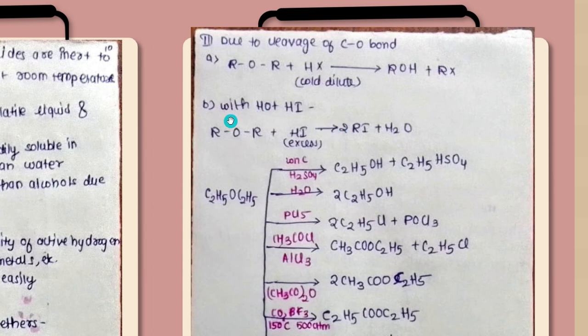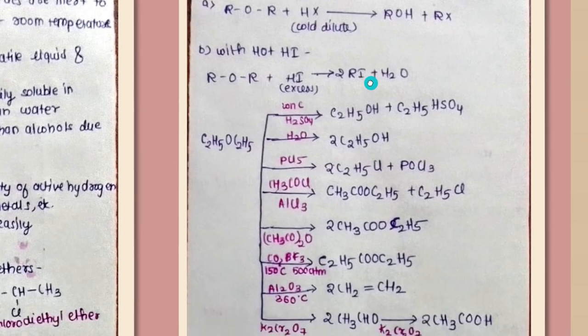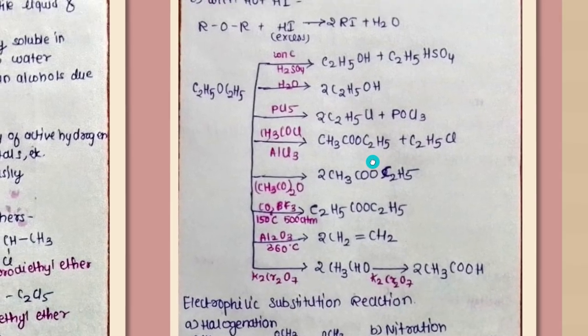Now if it is reacted with HI which is hot, ROR plus HI in excess will give 2 moles of RI, alkyl iodide, plus H2O. Now these are the various reactions occurring with C2H5OC2H5.